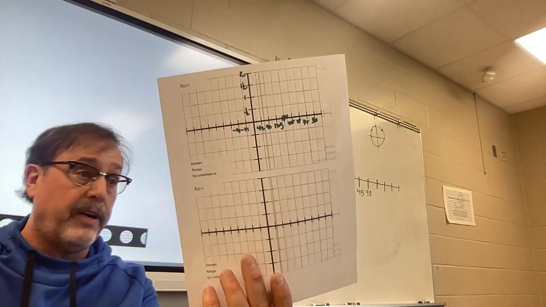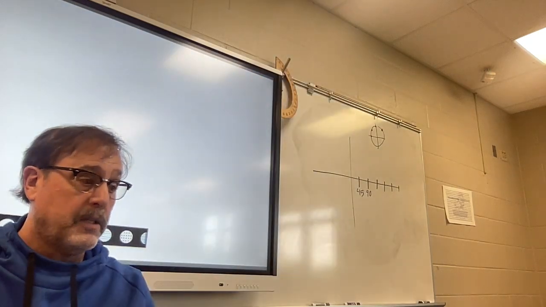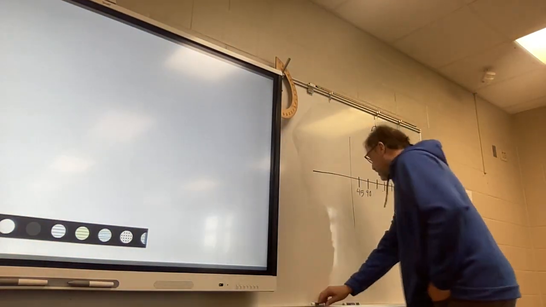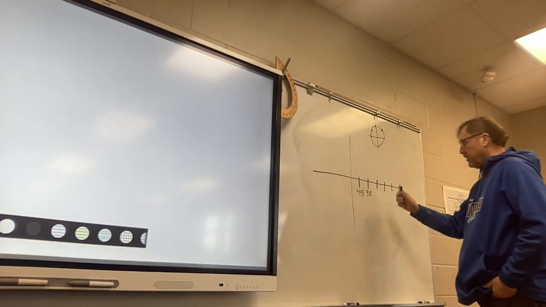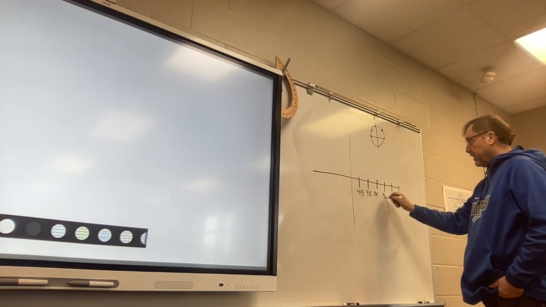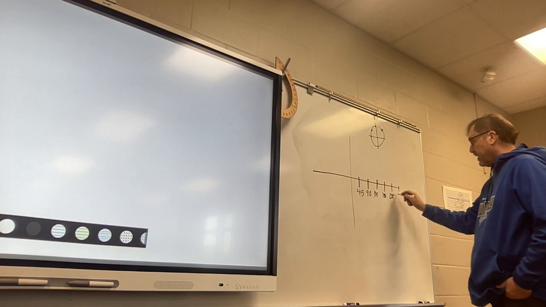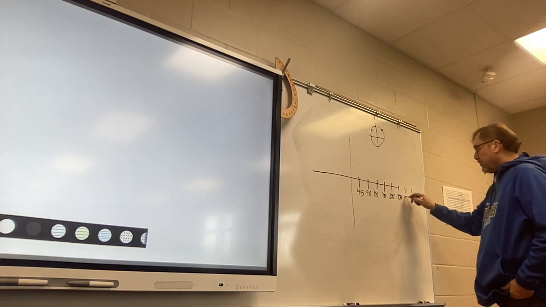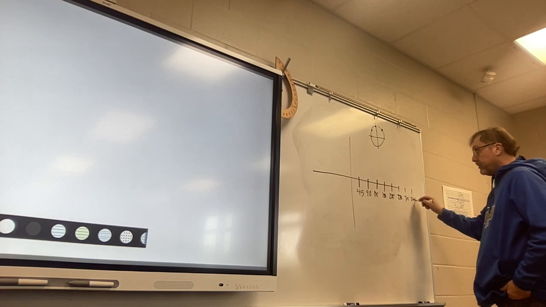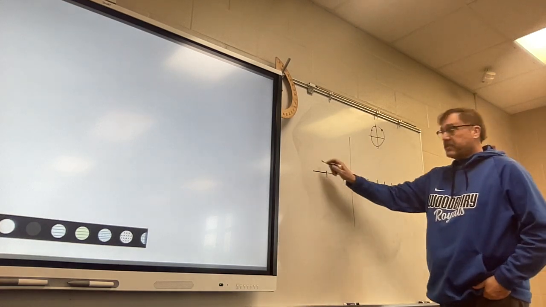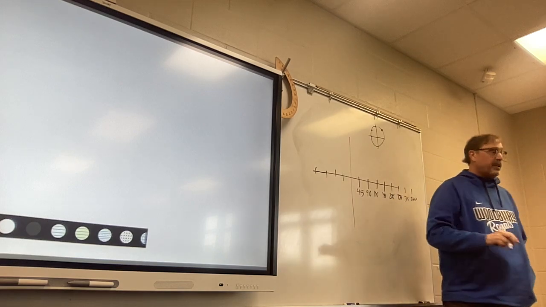Look at your neighbors if you need help. So what we should have is this going 135, 180, 225, 270, 315, 360. Say yep. And it should be the same numbers in the negative going the other direction.